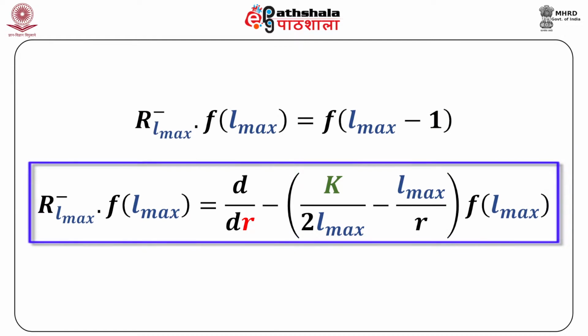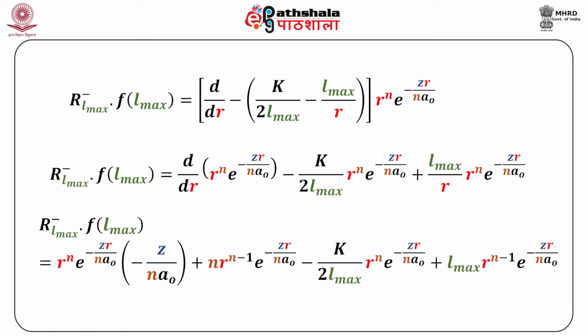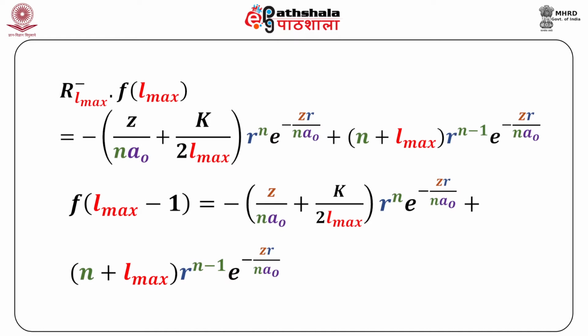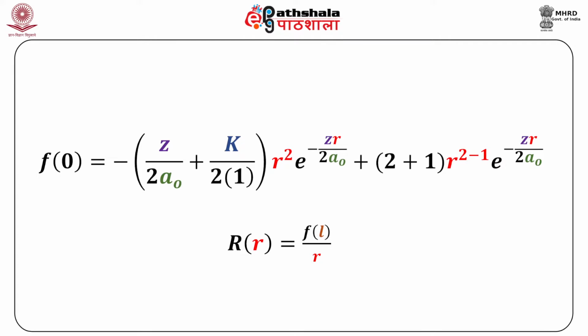And R_Lmax^- is given by d/dr minus k/2 Lmax minus Lmax/r, and then it operates on F_Lmax. So if we make these substitutions and put the value of F_Lmax as we have done here, and then simplify it, you can see that ultimately we get an expression from which we can calculate F0, that means for 2s.